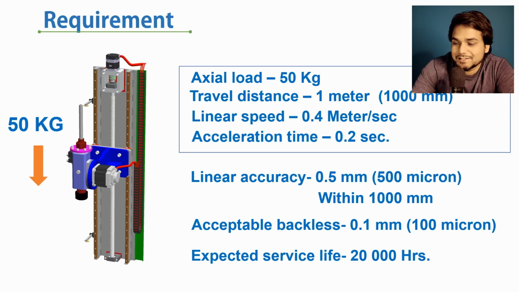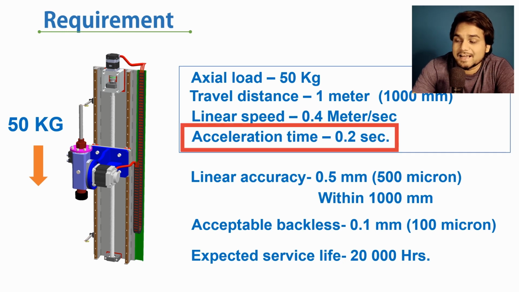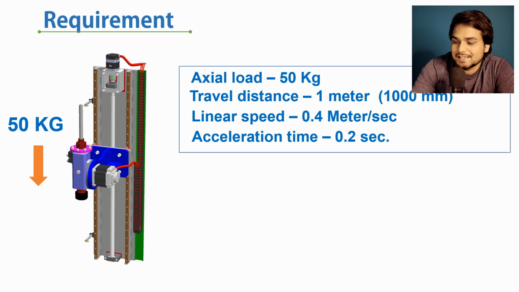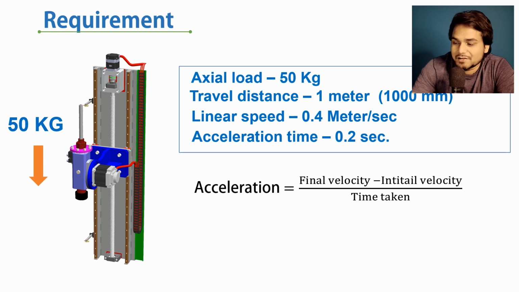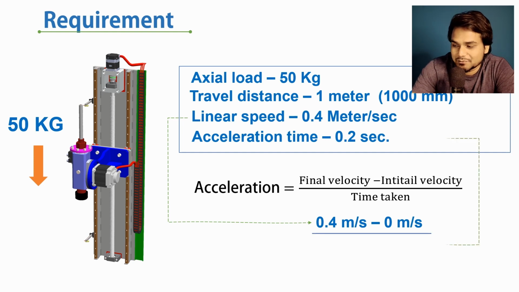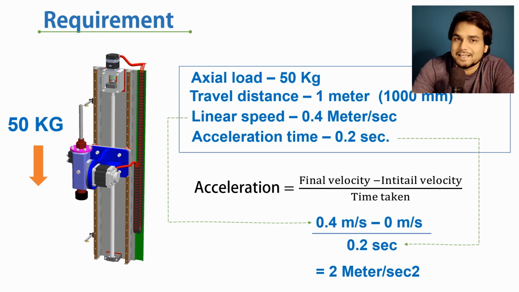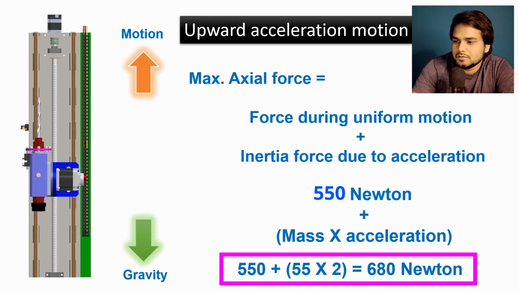But the acceleration is not given in our requirement data. Acceleration time is given. So acceleration will become final velocity, which is 0.4 meter per second minus initial velocity 0, divided by time taken 0.2 second. So the acceleration will become 2 meter per second square. And now put this value in the equation. So maximum force will become 680 Newton.